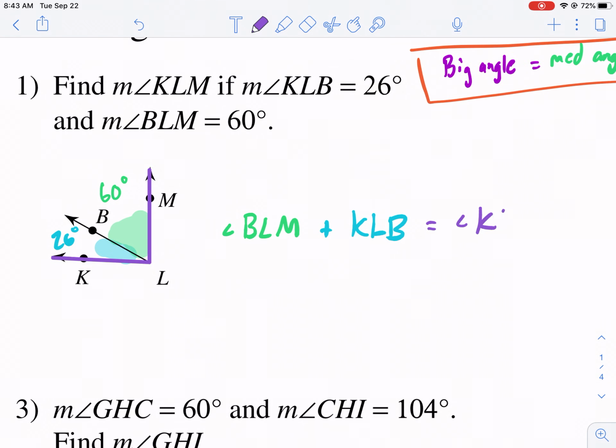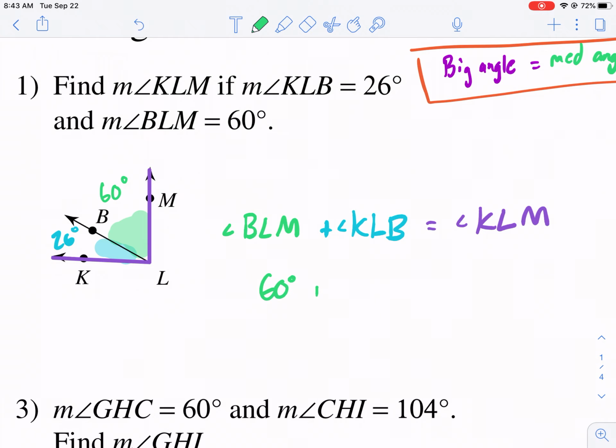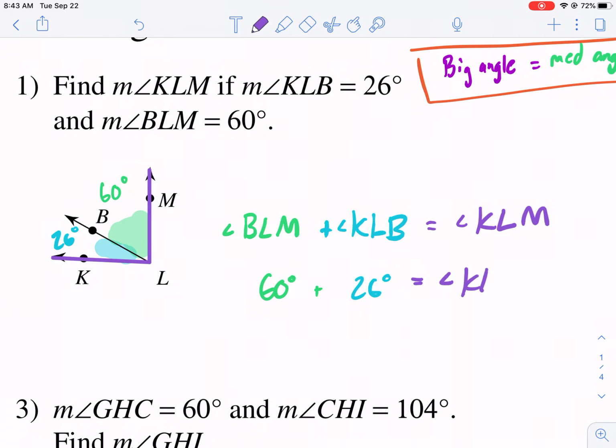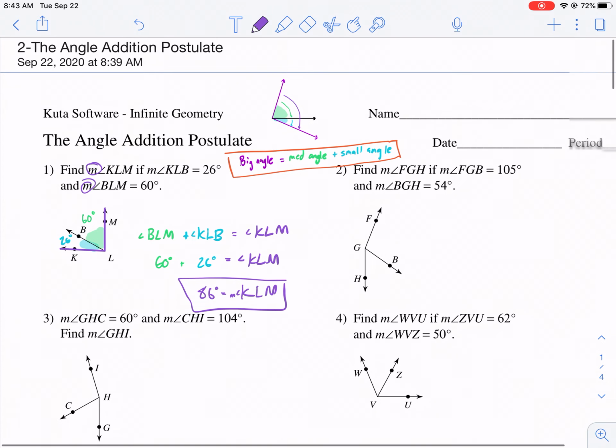Now we can put in our values: 60 degrees plus 26 degrees equals our big angle KLM, which we're asked to find. So it's 86 degrees for angle KLM. That's actually the measure of the angle. This M means measure, so anytime we're talking about a specific degree measure, technically we should put the M there. So the measure equals 86. That's kind of an easy one.